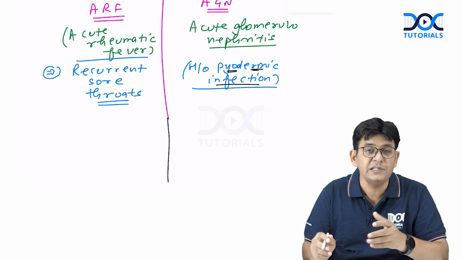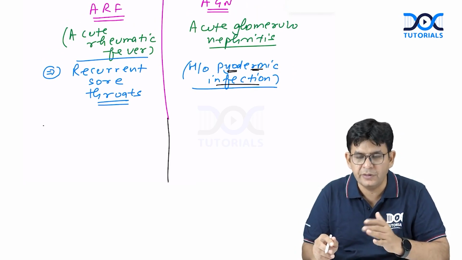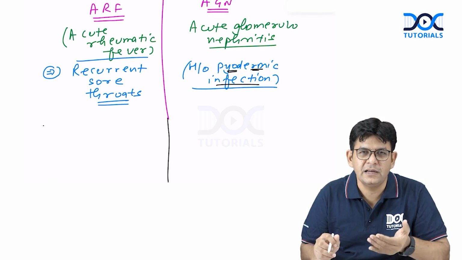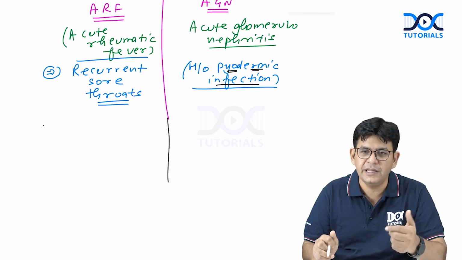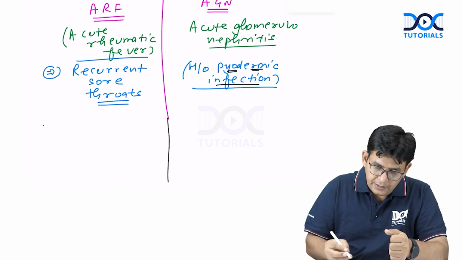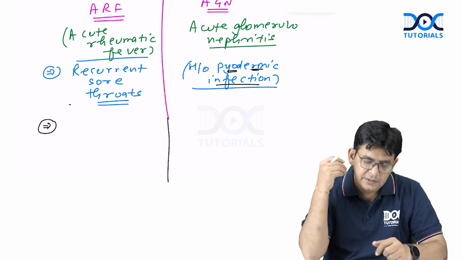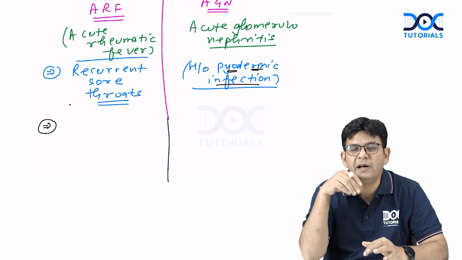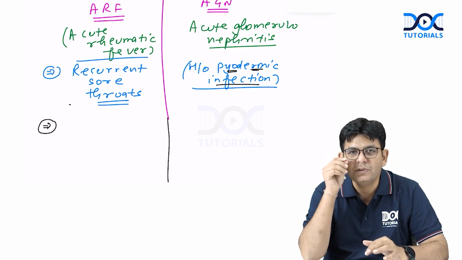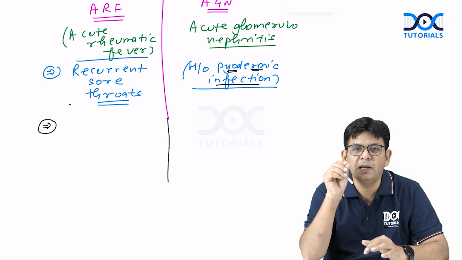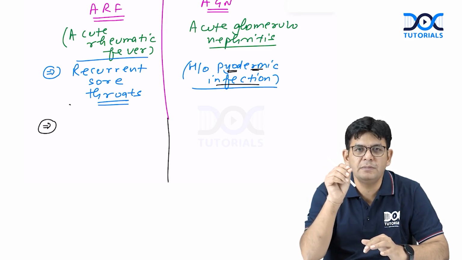And if I ask you which one is the more serious affair, acute rheumatic fever or acute GN? Obviously the answer is acute rheumatic fever, which is more dangerous than acute GN. Now you can ask, sir, something is happening in the throat, so why is the heart being involved? This is what is termed as molecular mimicry.